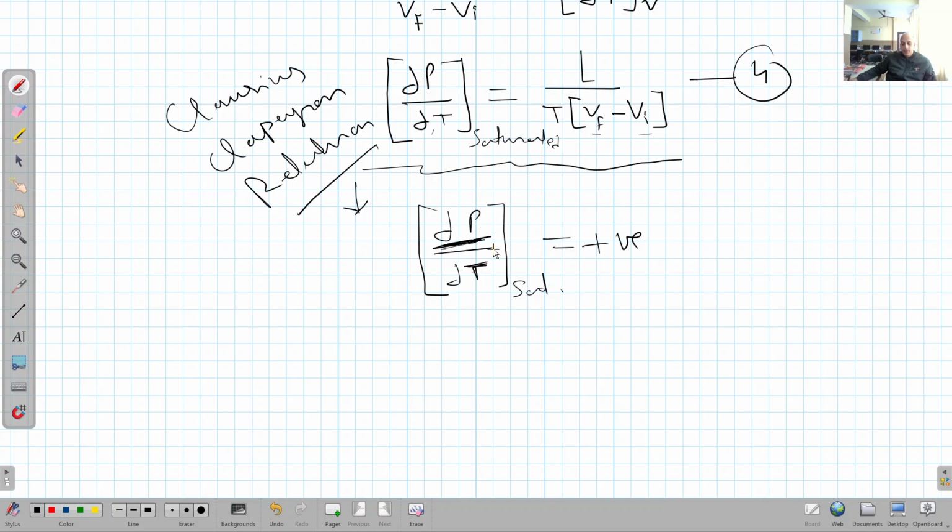It means, with the increase in pressure, the boiling point of the material should increase. Clear? Boiling point should increase with increase in pressure. If delta P is positive, then delta T should be positive in order to get this relation satisfied, because this is positive.